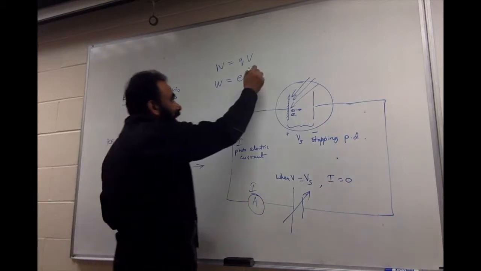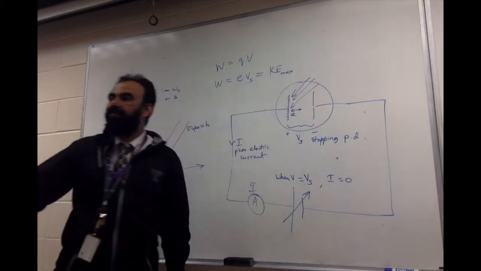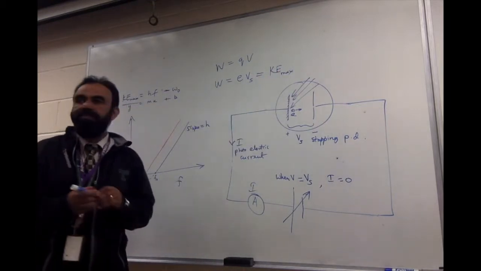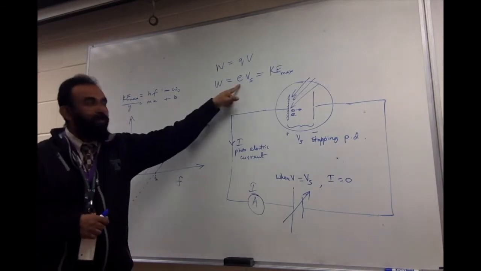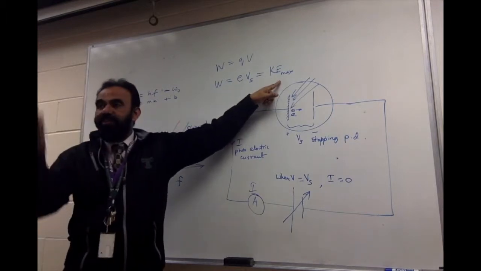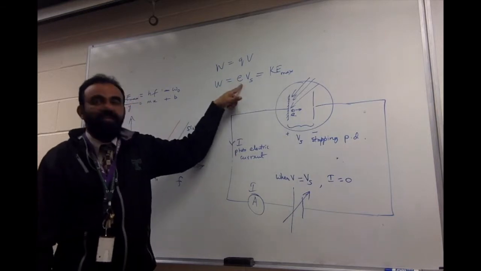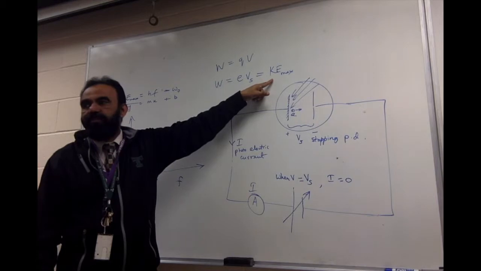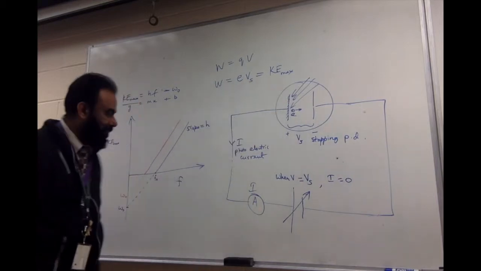Which means that is the kinetic energy max, because that's the work done to stop them. Makes sense? So we managed to stop the electrons from reaching the other side, which also gives you the value for the kinetic energy maximum. Because the amount of work you did negatively was exactly the same as what is needed to stop those fastest ones. So we understand that this is true.